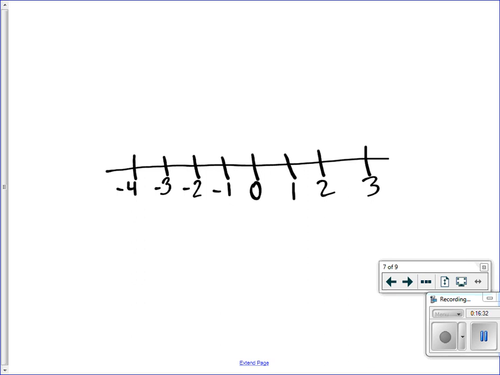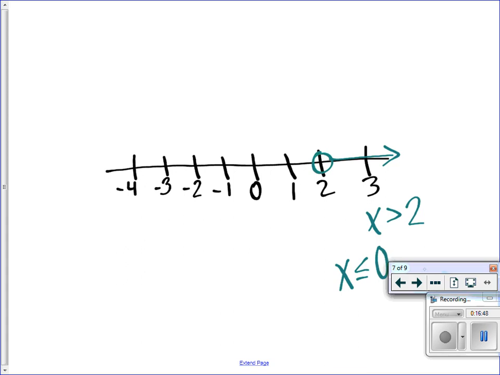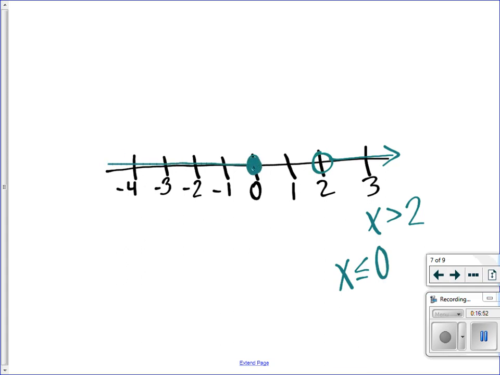If I told you x is greater than 2, graphing that on a number line, you would put it here and go that way. And then if x is less than or equal to 0, we would color in the circle and draw it that way.